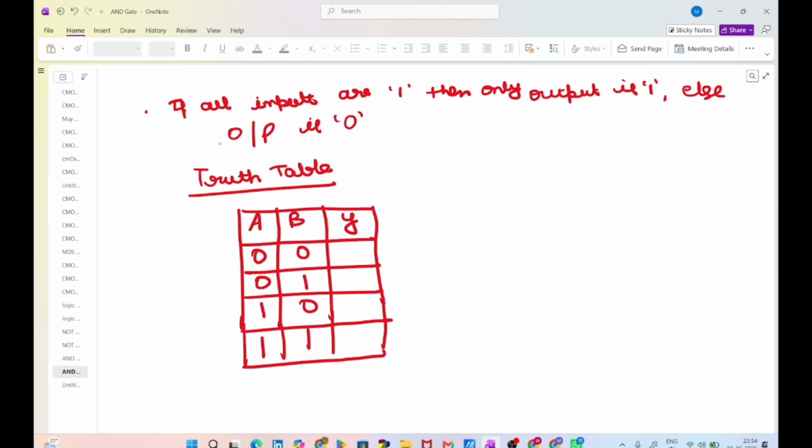We know that when both the inputs are high, then only the output is high. When both the inputs are 1 1, the output will be 1. Otherwise, the output will be 0. Let us discuss the properties of the AND gate and then move on to the examples.